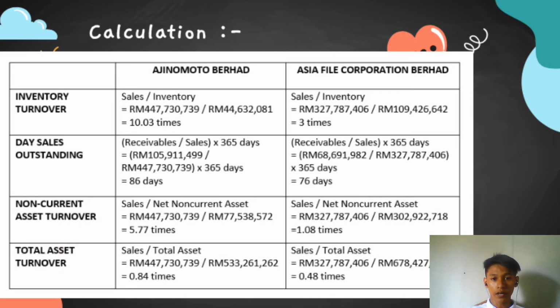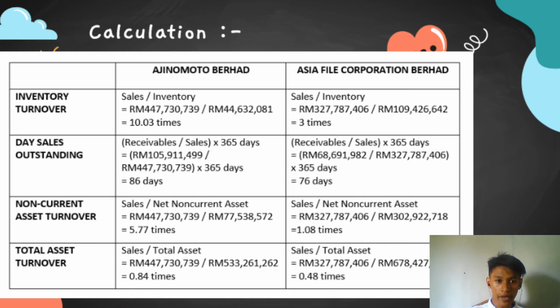There are four types of asset management ratio, which are inventory turnover, days sales outstanding, non-current assets turnover, and total asset turnover. For inventory turnover, it is sales divided by inventory.